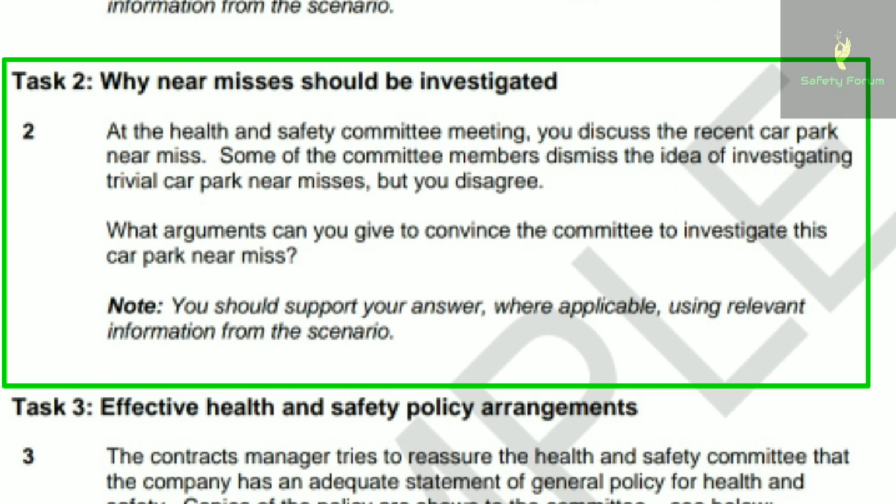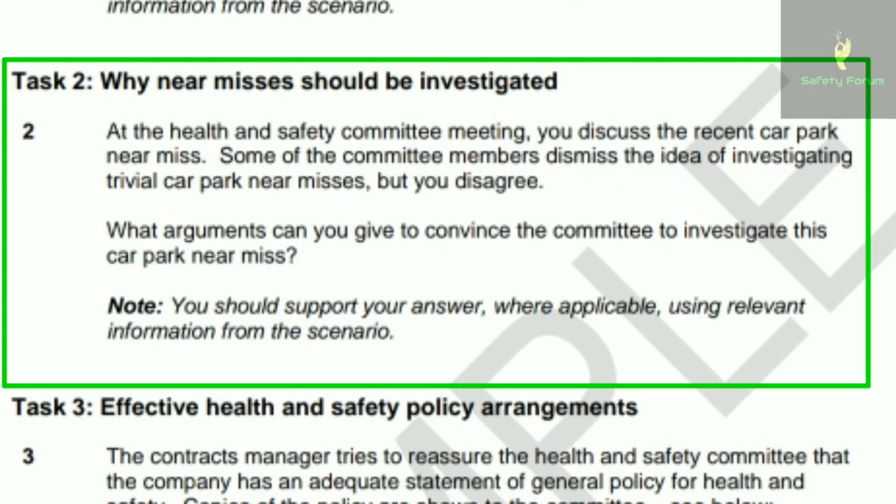When you write this kind of statement in the exam, the people who are verifying your answers will be very much impressed, like today's near miss will be converting into tomorrow's accident. So that's the priority you have to give.